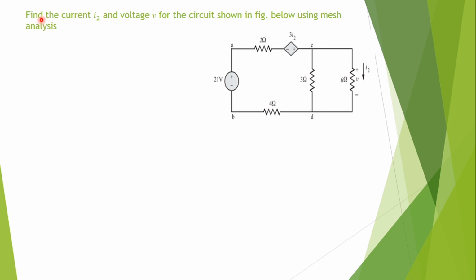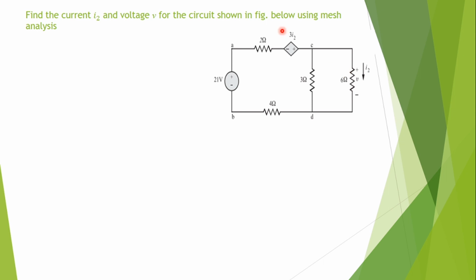Find the current I2 and voltage V for the circuit shown in the figure below using mesh current analysis. Here V is the voltage across the 6 ohms, such that D is the lower potential and C is the higher potential, and I2 is the current flowing through the 6 ohm resistor.